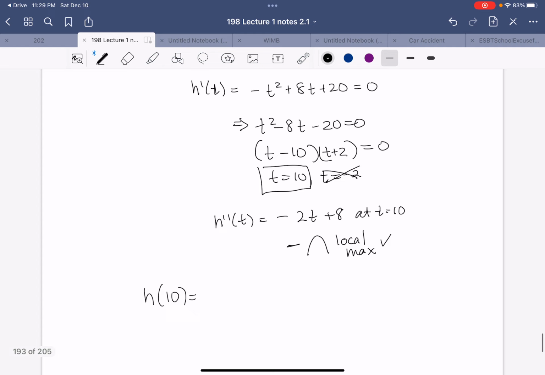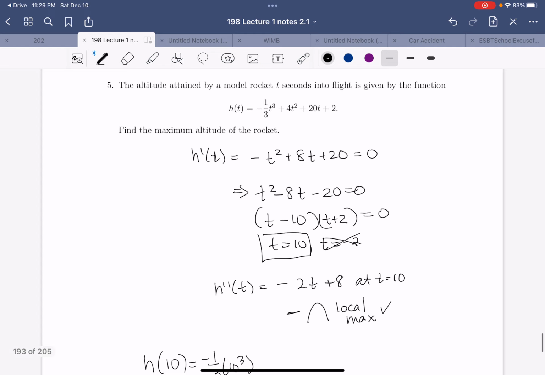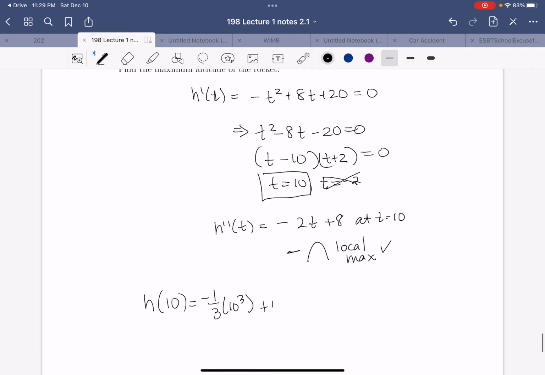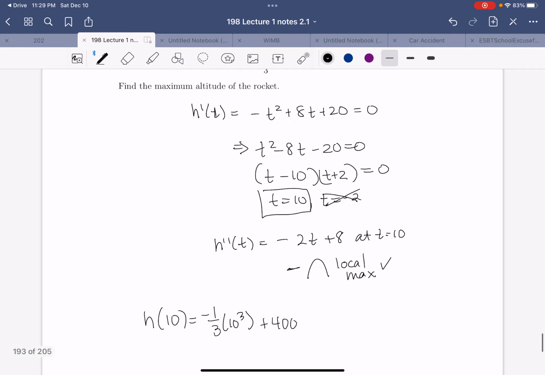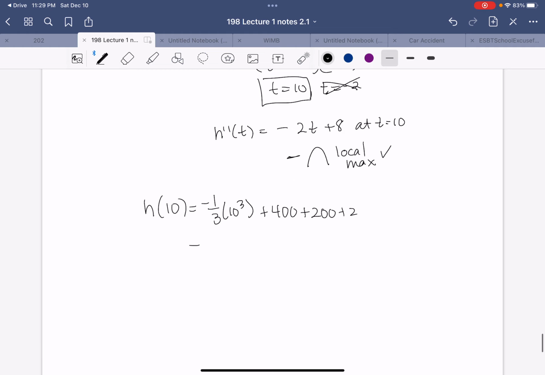And that is negative 1/3 times 10 cubed plus 400 plus 200 plus 2. So this is negative 1,000 over 3 plus 602. Well, 1,000 divided by 3 is going to be 333.3, so this is 602 minus 333.3.